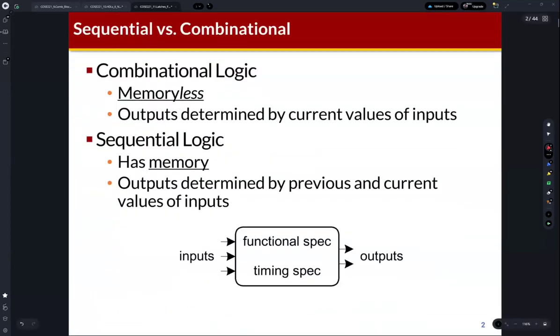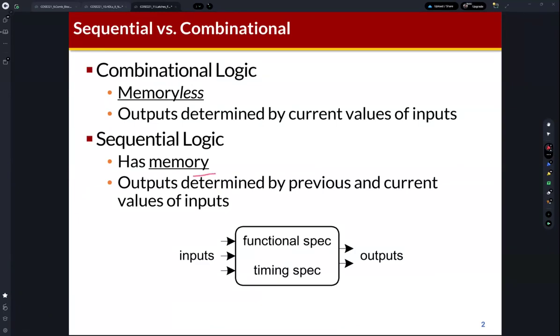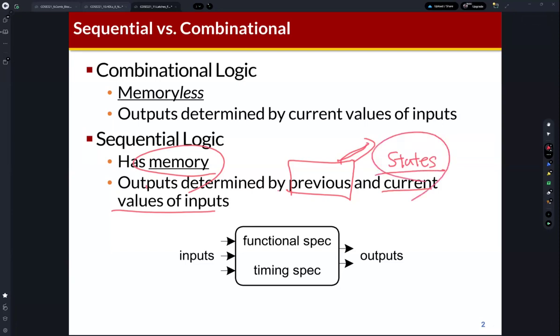So what is the definition? Sequential logic has memory, and outputs are determined by previous and current values. Previous means the state. Combinational logic is memoryless, so the output values are determined only by the current input.